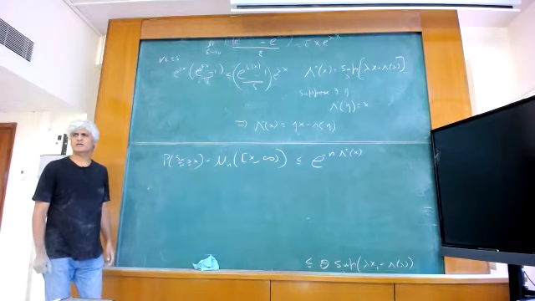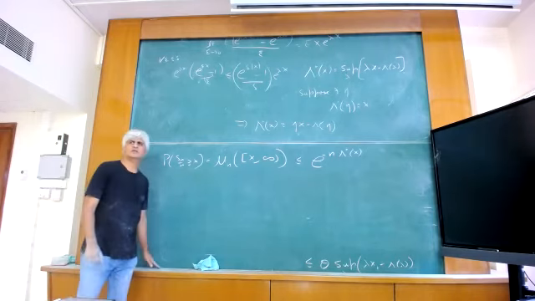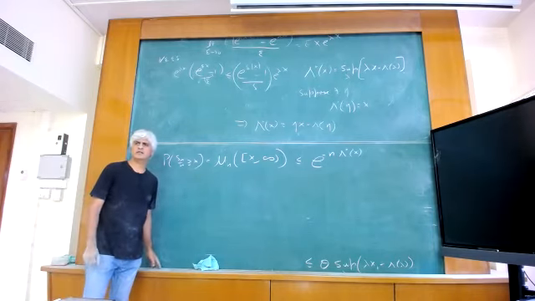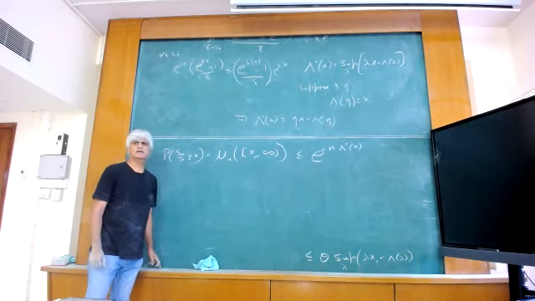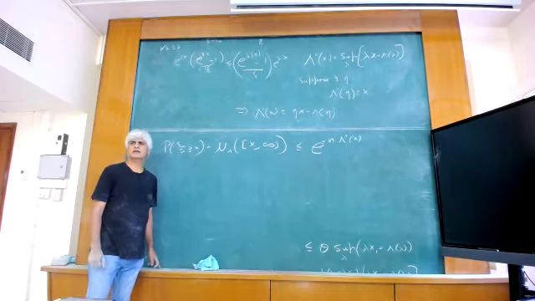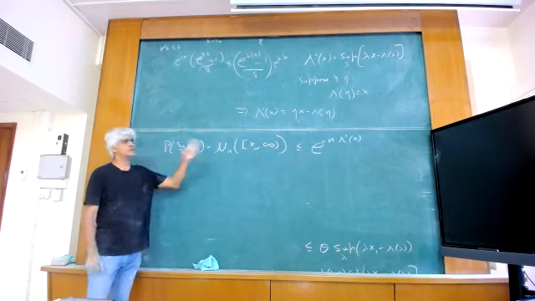This is what we're going to show right now, and it is basically what we do with Chernoff analysis. How do we proceed here? Well, you have to show this.